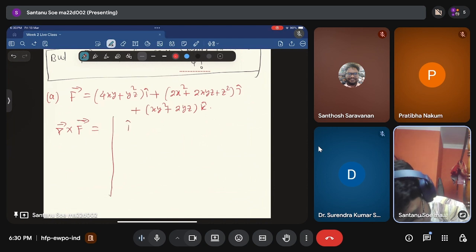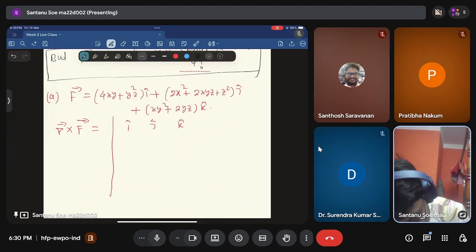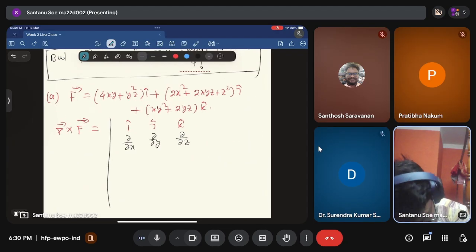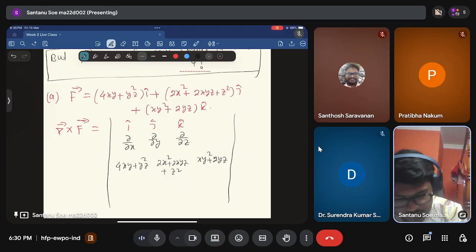So this is going to be i, j, and k, and this is del x, del y, del z, and this is 4xy plus y square z, and this is 2x square plus 2xyz plus z square, and this is xy square plus 2yz. Okay.